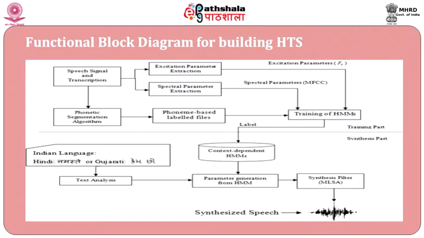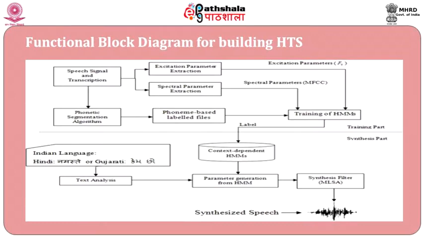The second part is the synthesis part. First, given a sentence which has to be synthesized, it can be from English or any other Indian language, for example Hindi, Gujarati, etc., for which we are interested in building a TTS system. Its corresponding utterance is converted to a context dependent phoneme sequence. Then according to the phoneme sequence, an utterance HMM is constructed by concatenating context dependent HMMs.